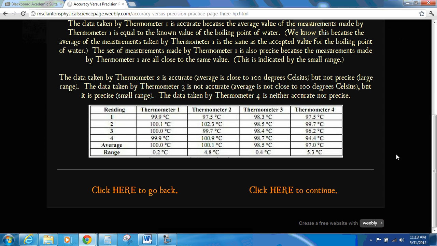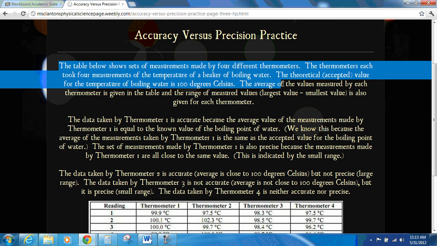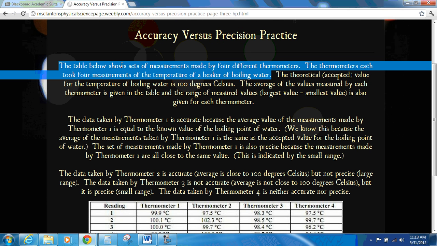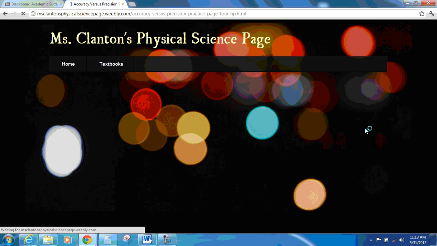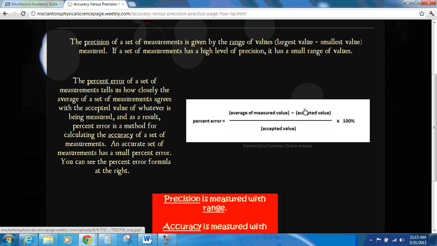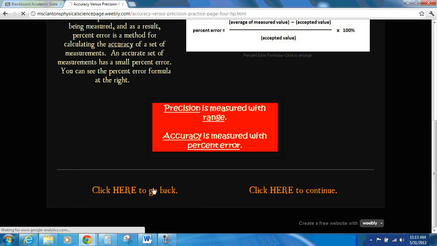If you notice, at the very top of the page it tells us. The table below shows a set of measurements made by 4 different thermometers. The thermometers each took 4 measurements of the temperature of a beaker of boiling water. Thus, we know the accepted value for the temperature of boiling water is 100 degrees Celsius. So in our percent error formula, for the accepted value, we will be plugging in 100 degrees Celsius.